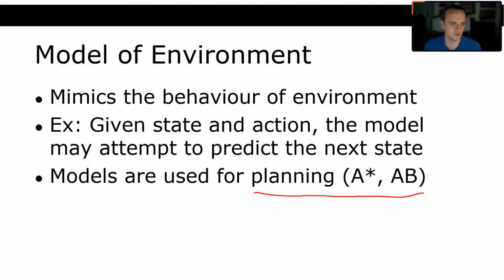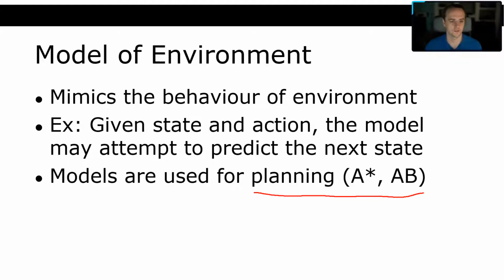We looked at this already. In order to do algorithms like A-star search or alpha-beta search, we actually have to have a model of the environment. We have to have the game of Connect 4 programmed in order to do this tree search, because we have to have the ability to save states, to unroll recursion, to go to the next state, to evaluate states.